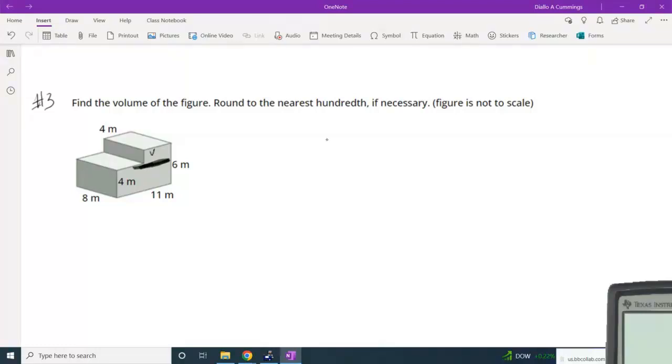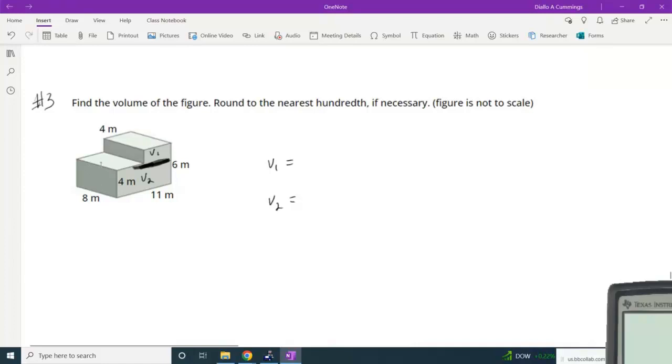We're going to find the volume of the first shape, the volume of the second shape, and then we're going to add them together to get the total volume.